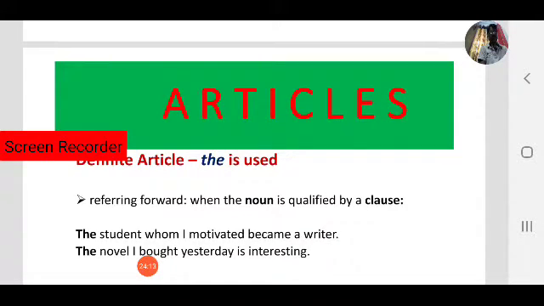We are referring to the same novel which I bought yesterday. That's why we use the. Observe the difference between referring forward and referring backward. Already we are talking about the same noun, same thing or same person whom we are going to mention.